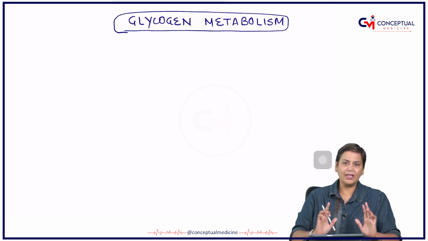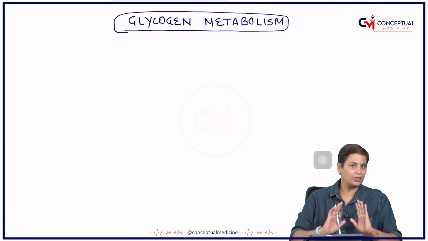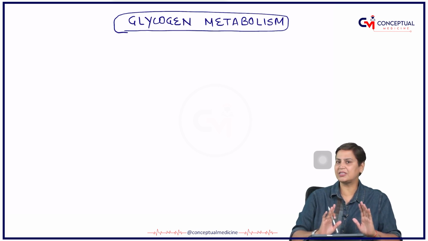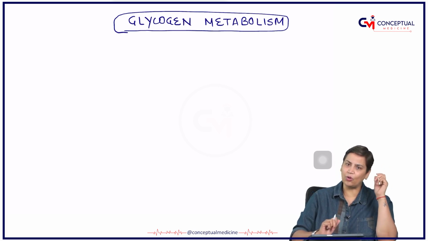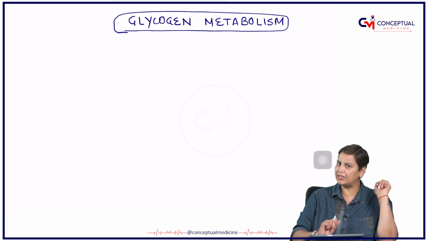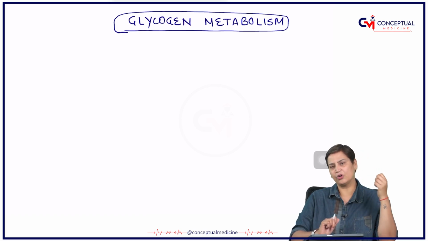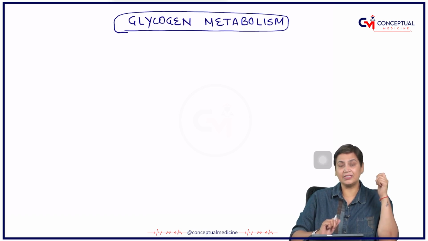Keep one thing in mind: our heart and brain are two organs which just cannot stay without energy even for a fraction of a second. The brain always relies on glucose for energy during the fed state and the fasting state. RBCs, since they circulate blood from head to toe, also have to rely on glucose for energy.